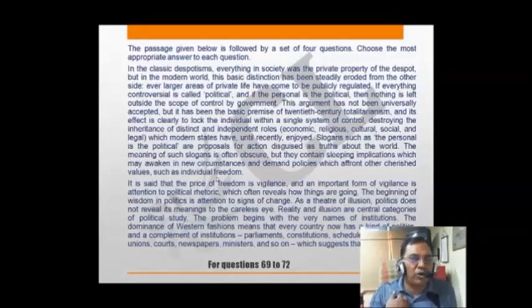The first paragraph they talk about nothing is personal, everything is political. Earlier, which was the divine right, no longer.